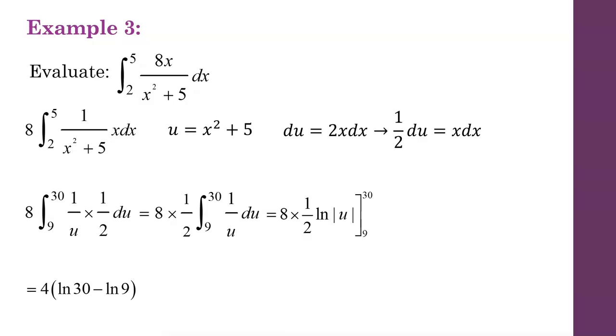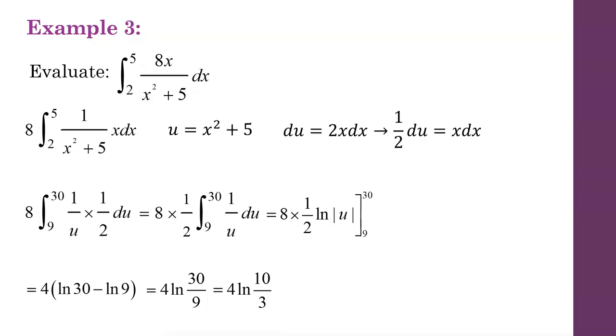So 4 times ln of 30 minus ln of 9. Those are positive numbers, so I don't need the absolute value anymore. Then we can apply a little bit of the simplification rules for logs. Log of 30 minus log of 9, I can combine to natural log of 30 over 9 and reduce that to natural log of 10 over 3. So we get 4 natural log of 10 over 3 as our final answer.